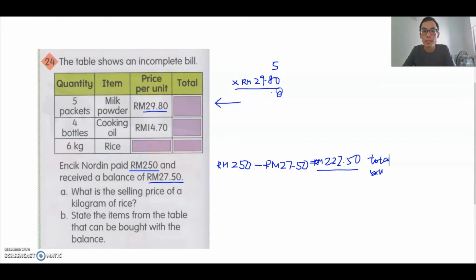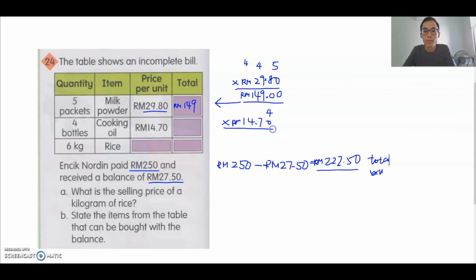Okay, 5 times 0, 5 times 8, 5 times 9, 45 plus 4, 49, 5 times 2, 10, plus 4, decimal point, 2 decimal places, RM. Okay, so the total for milk is 149. Okay, what about oil? 4 bottles of oil. So 4 times 1 unit is 14 ringgit 70 cents.